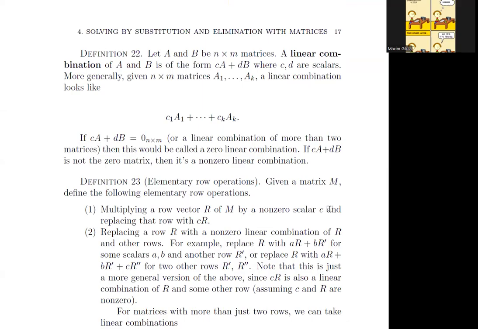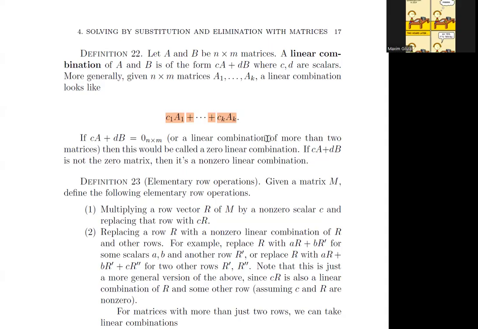So let's talk about row operations. First, let's talk about linear combination because we need that for row operations. Let's say I have any two matrices. A linear combination of A and B is of the form CA plus DB, where C and D are scalars. And more generally, given n by m matrices, they could be column vectors, row vectors, anything at all, a linear combination is where I multiply each of them by some scalar, and then I add them all.